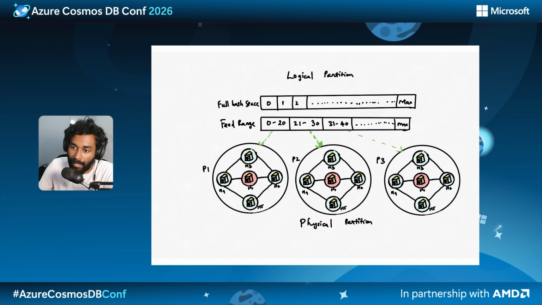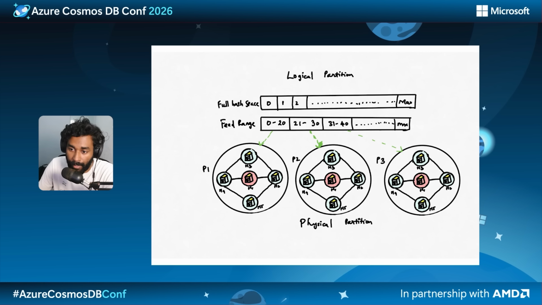Now we finally come to the concept of logical partition. So far, we have seen how complex the internals of Azure Cosmos DB actually are, right? We looked at the machines, replica sets, leaders, followers, replication, and physical partition. And this is exactly the reason why Cosmos DB introduces the concept called logical partitions.